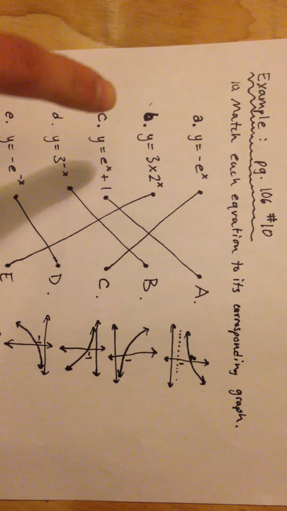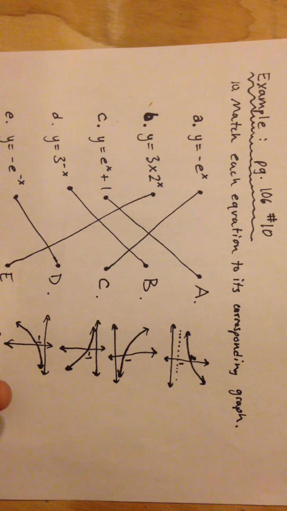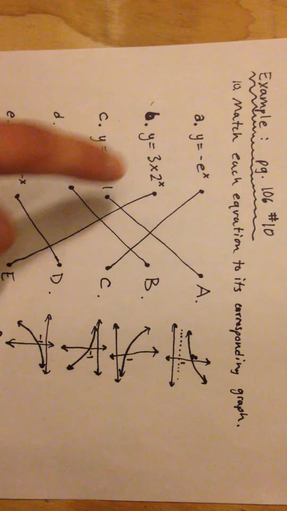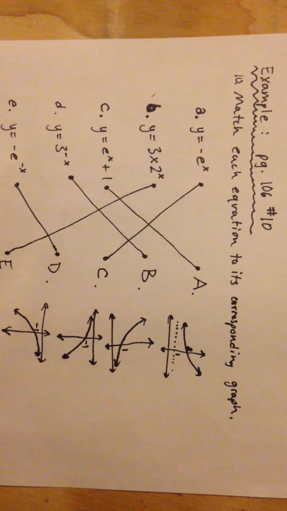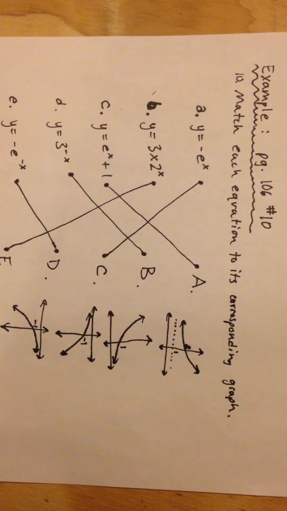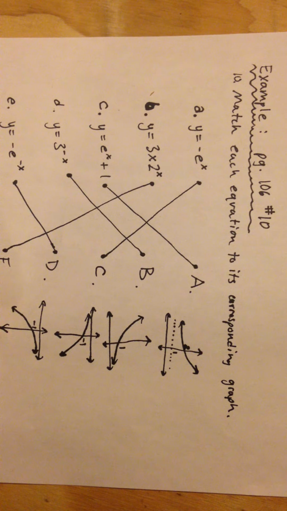So for A, we know that it's C because e of x is just a natural log, and you can see that it would be, except because this is negative, it flips over the x-axis and it slopes the opposite way. And this is the same for equation E. You can tell that it is a natural log.